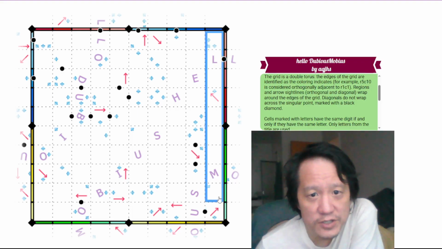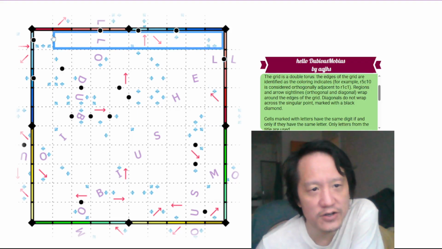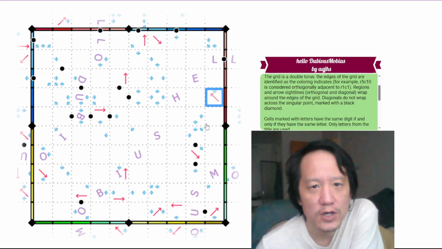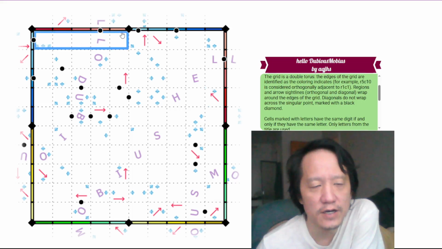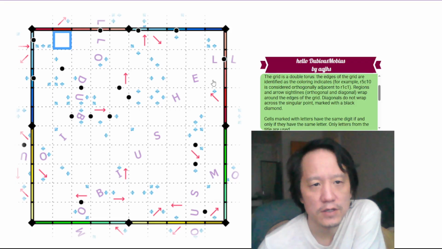This is kind of hard to see. If you're colorblind, this is going to be really problematic for you. But basically it looks like it's double toroidal. So row 5, column 10 is orthogonally adjacent to row 1, column 1. Row 4, column 10 is adjacent to row 1, column 2.